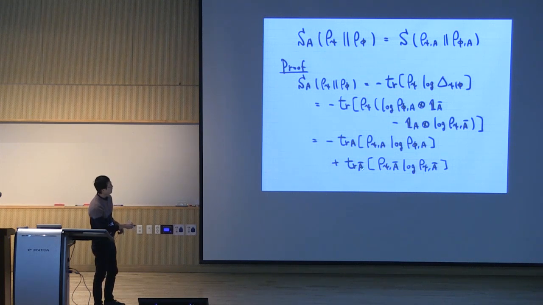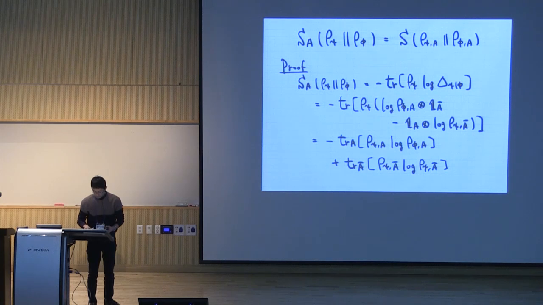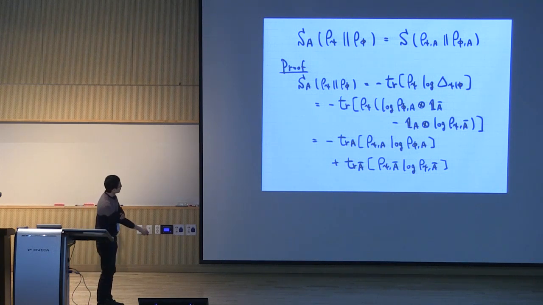But now here we have A bar. If you remember, this is equal to the von Neumann entropy for the region A bar. But now we are dealing with pure states, so the entanglement entropy in the region A is equal to the entropy of A bar. This follows from the Schmidt decomposition. If you remember the Schmidt decomposition, you can prove it very easily.